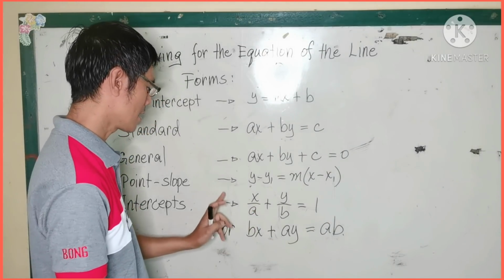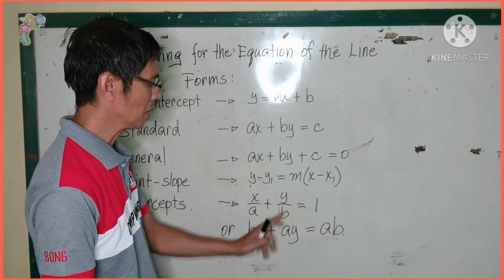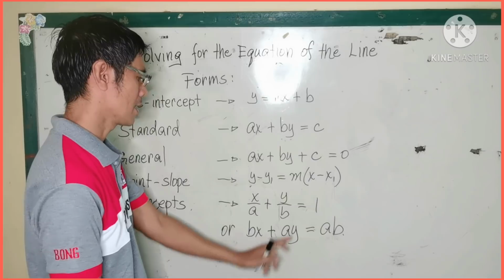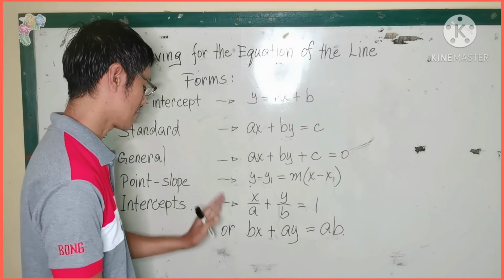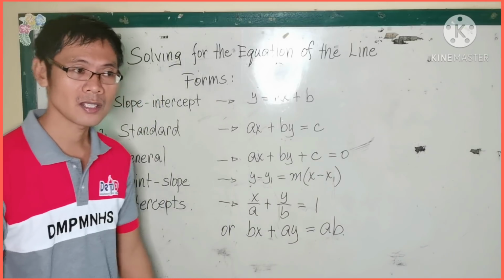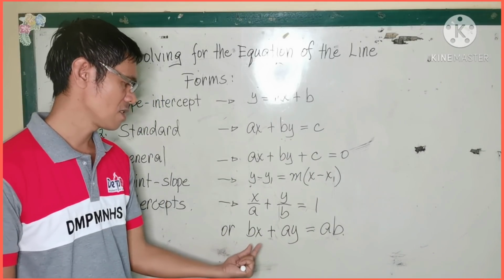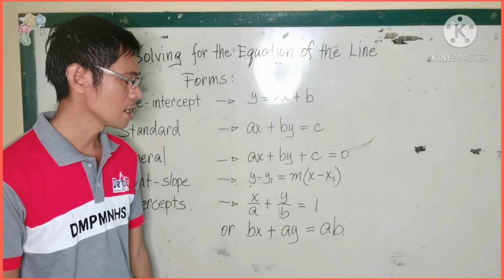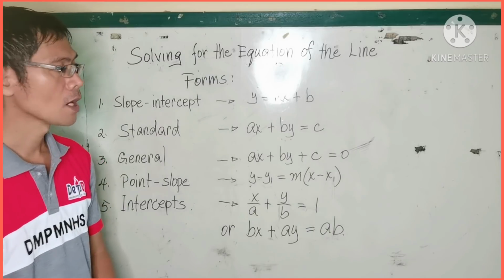Plus ab times y over b, the b cancels, and we have ay. Equals ab times 1, which gives ab. That is why it is now simplified as bx plus ay equals ab.